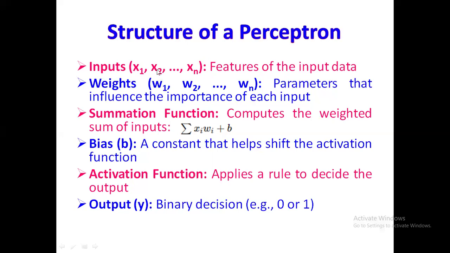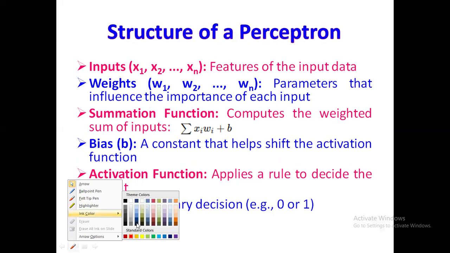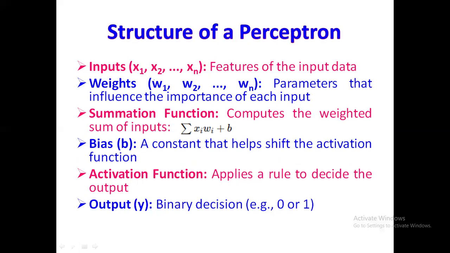That means x1 is associated with w1, x2 with w2, x3 with w3, up to xn with wn. These weights determine the significance or influence of that input on the final decision.